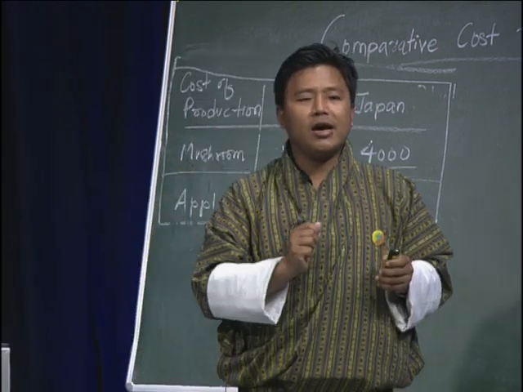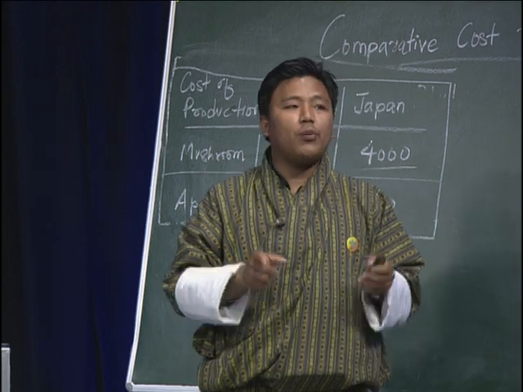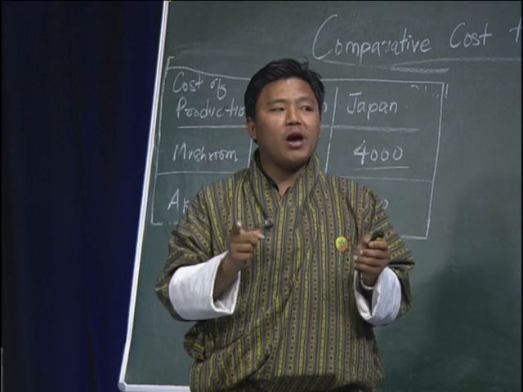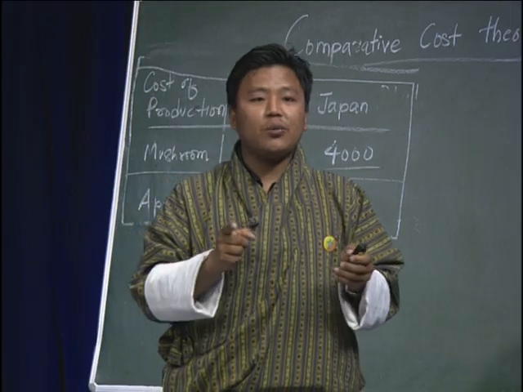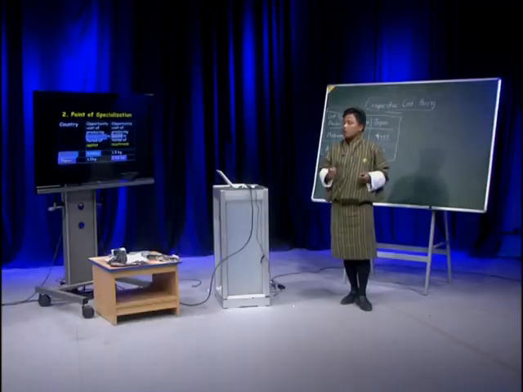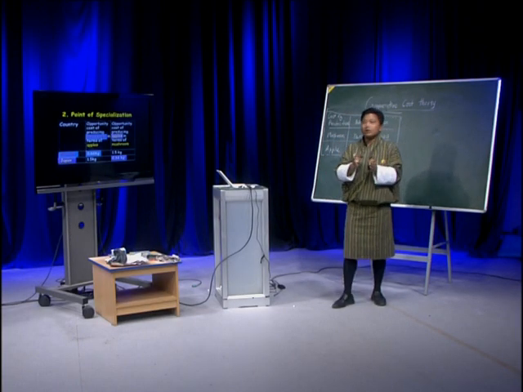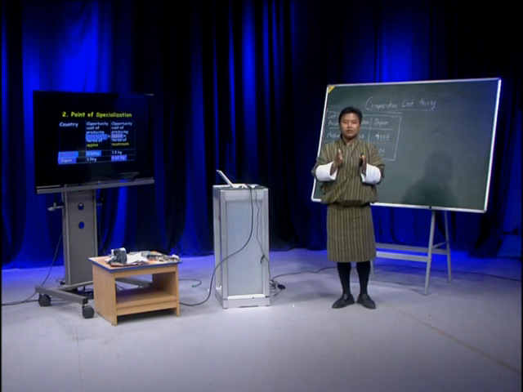On the other hand, Japan should specialize in production of apple. Why? Because the sacrificing cost of apple is 0.66. With the opportunity cost, we can also find the point of specialization.